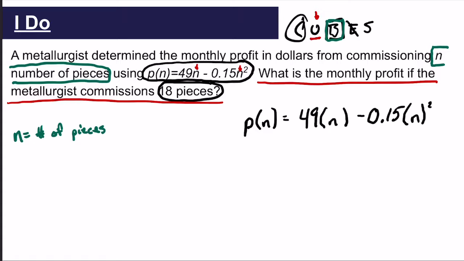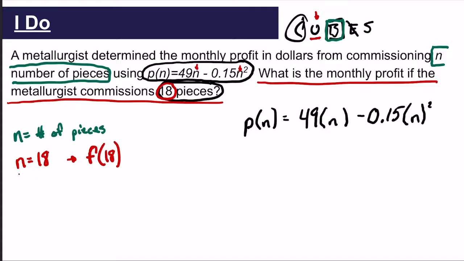In the question, they told us how many pieces they wanted. They wanted 18 pieces. So I know here n is going to be 18. Another way to write that is f of 18. So we want to know what the function is when our input is 18.